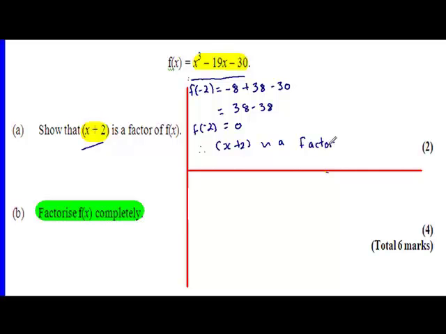The second part of the question, we're asked to factorise the cubic completely.